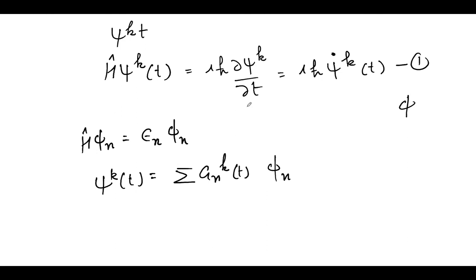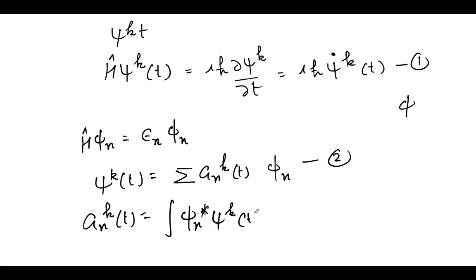Let us say this is our equation number 2, and this a n k of t is the integral of phi n star psi k of t into delta tau. This is equation number 3.